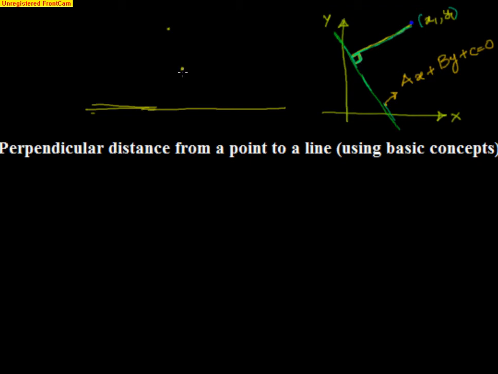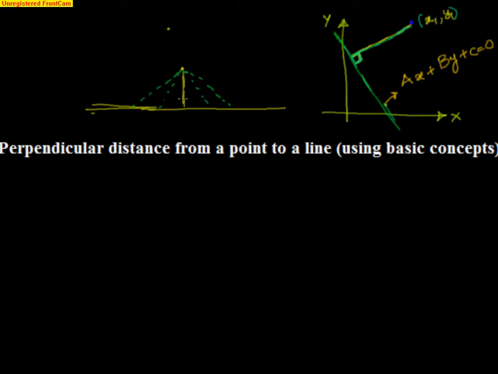If it is perpendicular distance, you will be traveling like this. Suppose you want to go anywhere other than the perpendicular distance, you can see that you are actually creating right angle triangles where you have vertical distance and also horizontal distance.